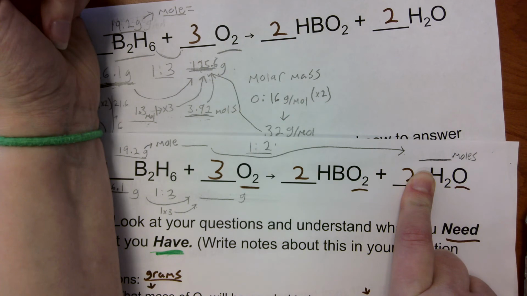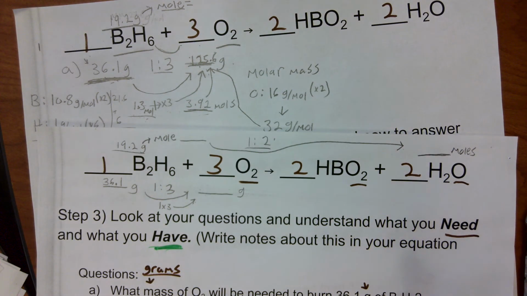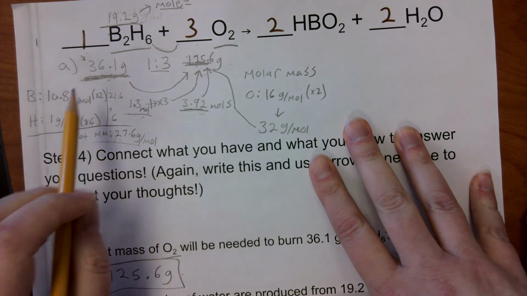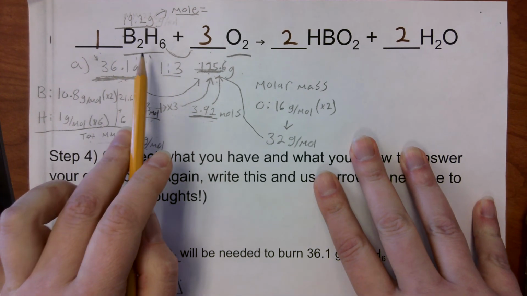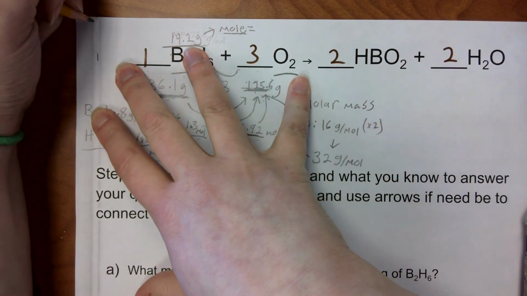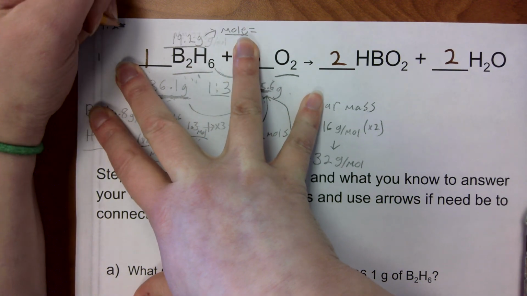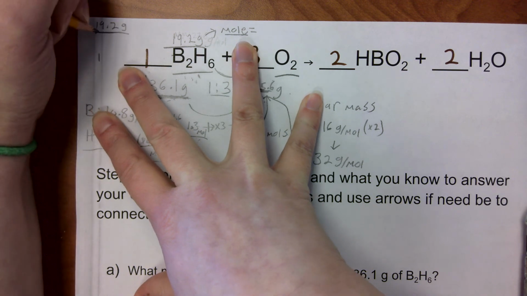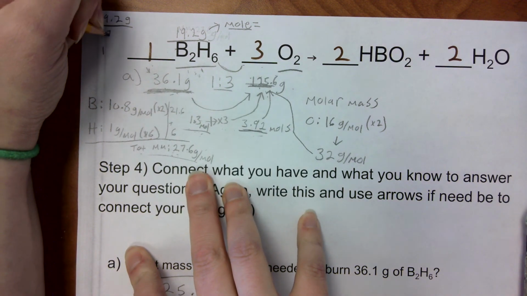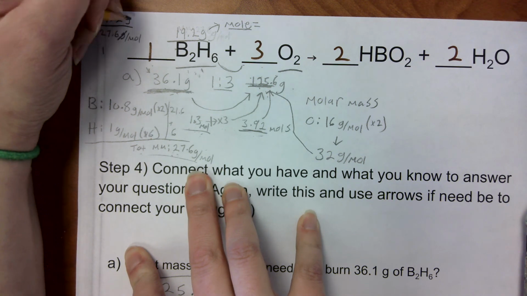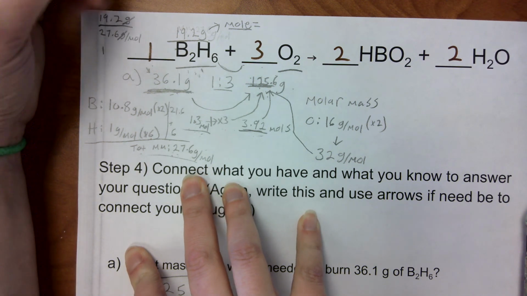because then we have something where we know the amount here to get our proper ratio here. So if we do that real quick, we already know the molar mass of this up here. If we take that and find out how many moles it is by going 19.2 grams divided by 27.6 grams per mole, your grams cancel out to leave just moles.